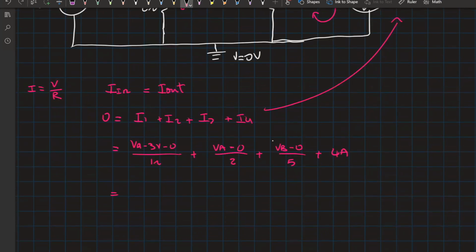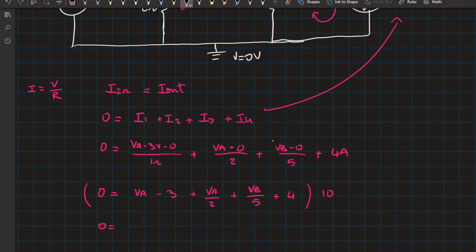Now we can simplify this to reduce the fraction. At first, we can separate these terms into individual terms. We have VA minus 3 plus VA over 2 plus VB over 5 plus 4 amps. We can remove the unit to avoid any mistakes. We know this is equal to 0. And to simplify the fractions, we can multiply by 10.